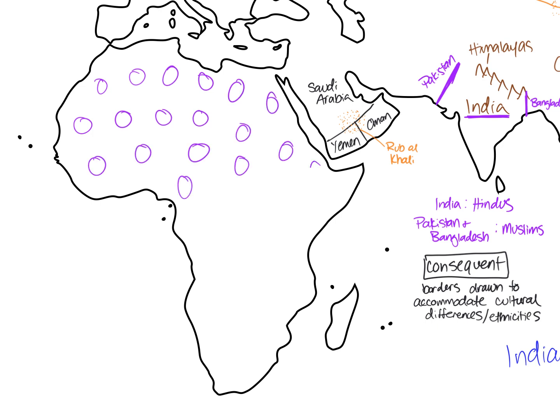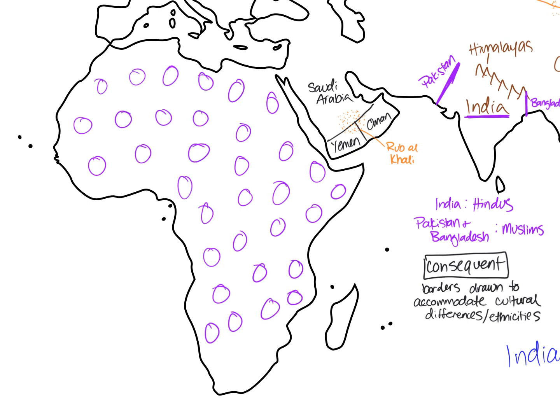No rhyme or reason, just draw a bunch of little circles to represent the different groups in Africa, okay? These are going to be ethnicities.